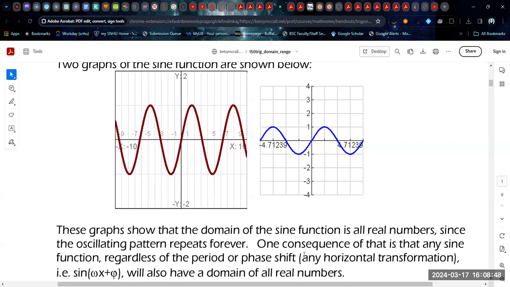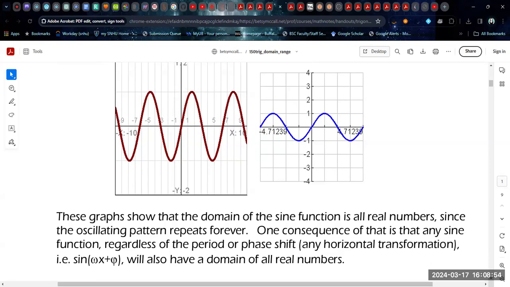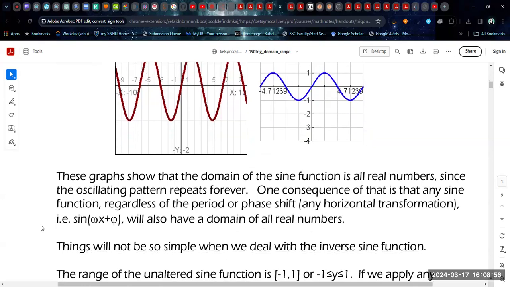Now, because the domain is -infinity to infinity, if we do any horizontal transformations on the sine function, any stretching or compressing, any scaling of any sort, or any horizontal shifting, that does not in any way affect the domain of the sine function. Sine functions will always have a domain of -infinity to infinity.